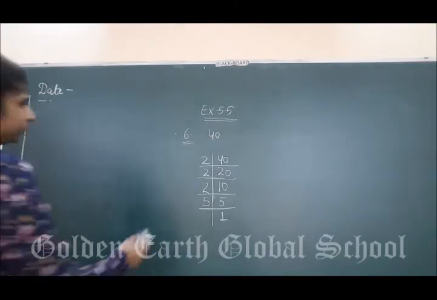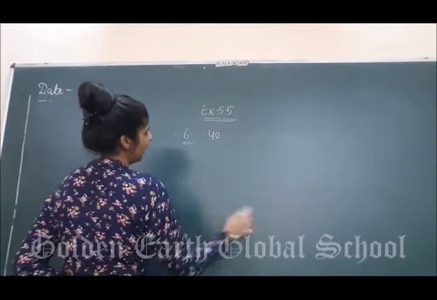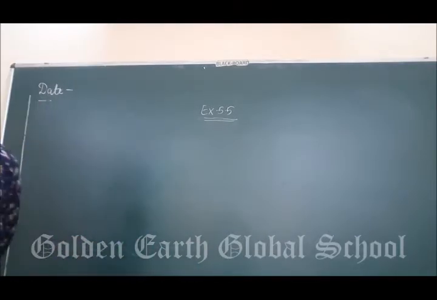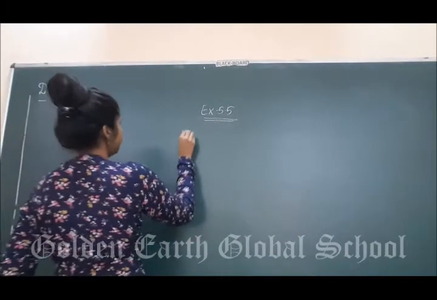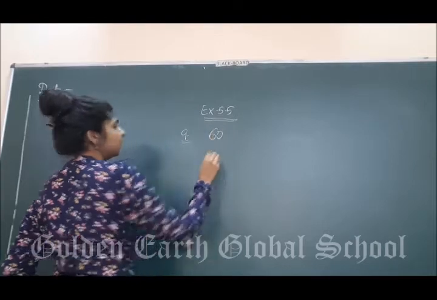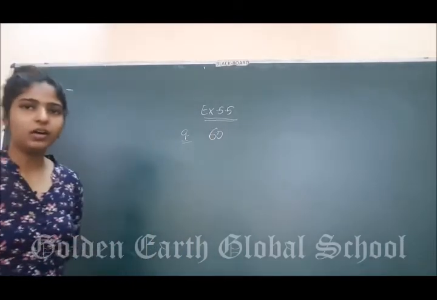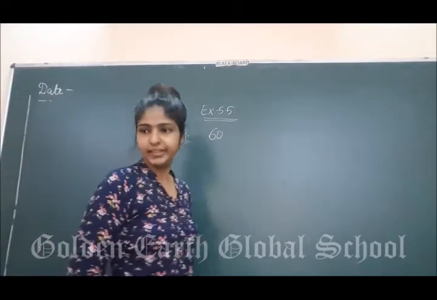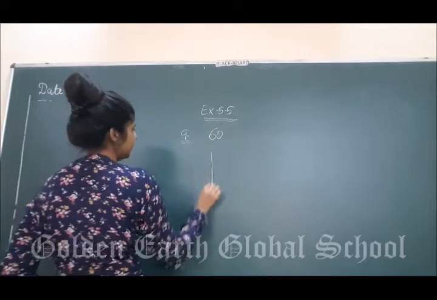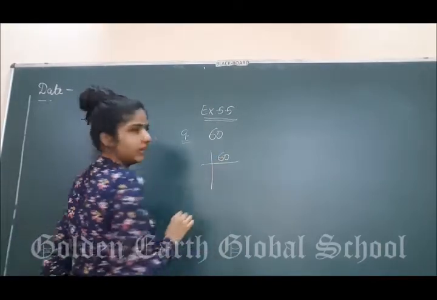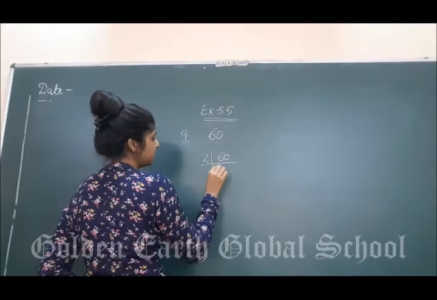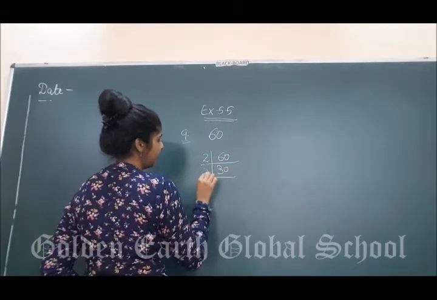Clear? Let us take one more part. Ninth part, 60. The rest of the parts you have to solve on your own, for your own practice, right? Now the ninth part is 60. So first of all we will check on the table of 2. Yes, it is divisible. On 30, again 2.